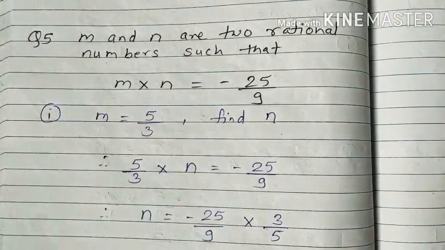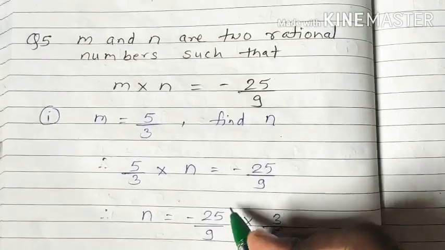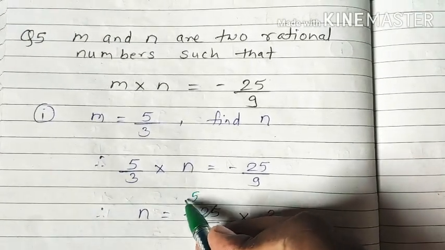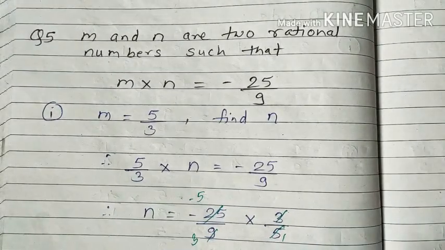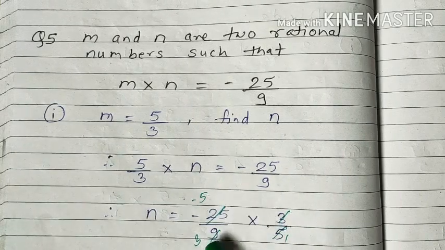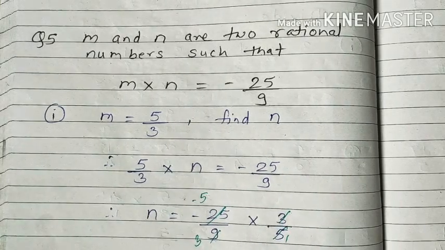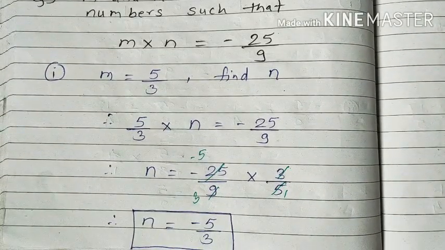What we can do here, 5 ones are 5, 5 fives are 25, 3 ones are 3, 3 threes are 9. So what is the final answer then? Minus 5 upon 3. The value of N will be minus 5 upon 3.